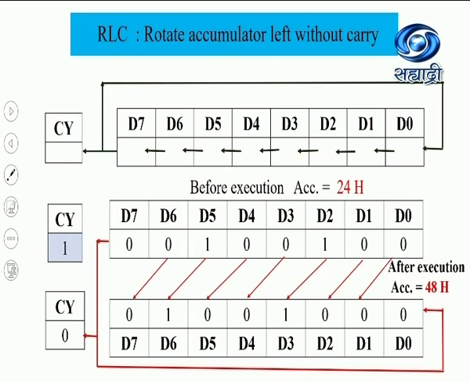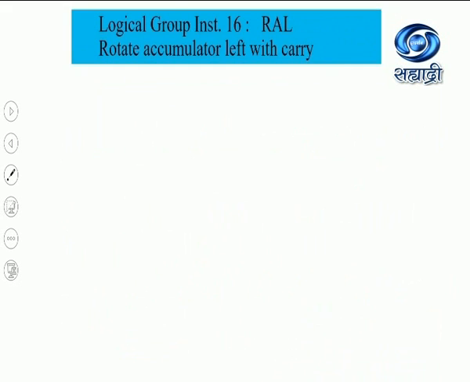After execution, contents of accumulator are 48H. So initial contents of carry bit are erased and D7 bit is stored at carry position. So accumulator contains 48. Rotate left by one position has the effect of multiplication by 2.